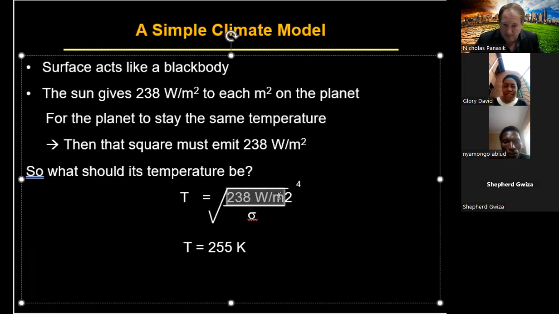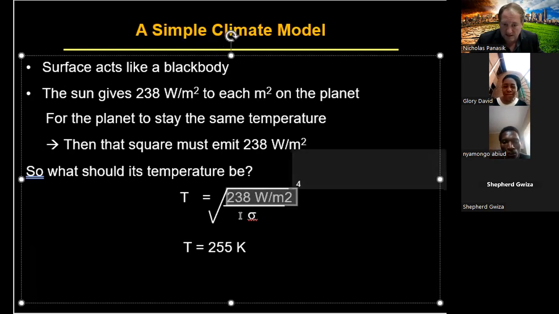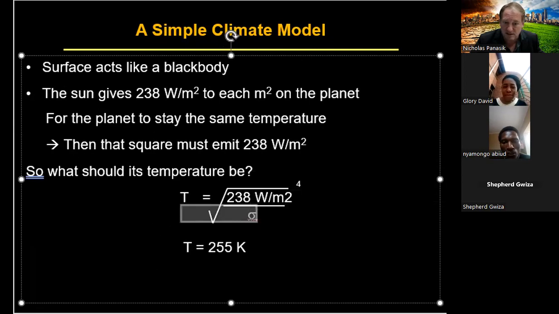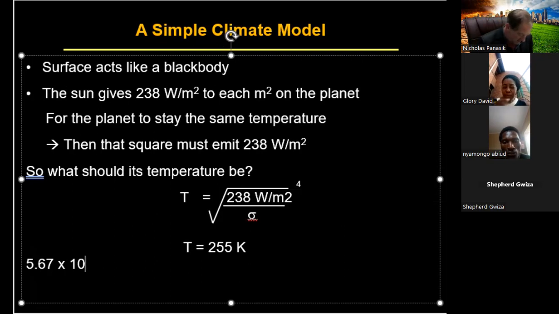That's the number for the top here. Don't forget to divide by the Stefan Boltzmann constant, right? And the Stefan Boltzmann constant is 5.67 times 10 to the negative 8.